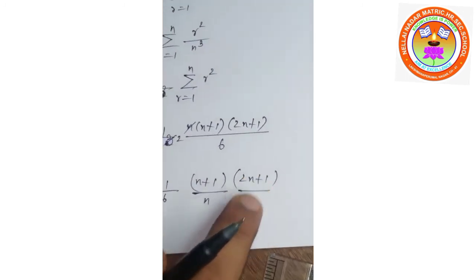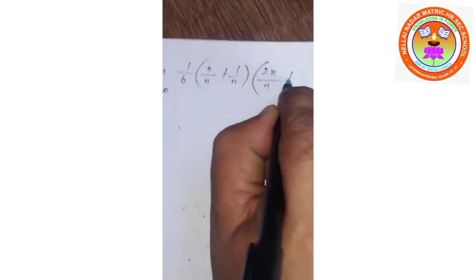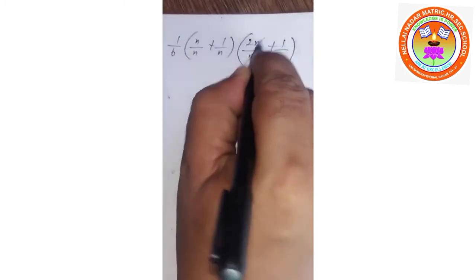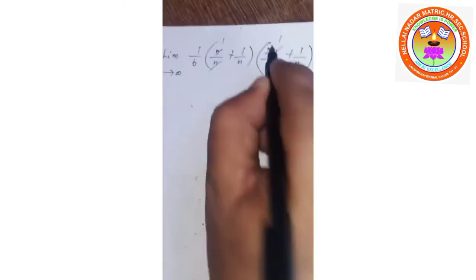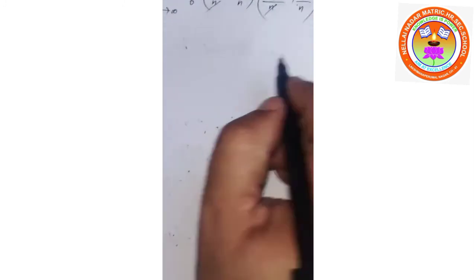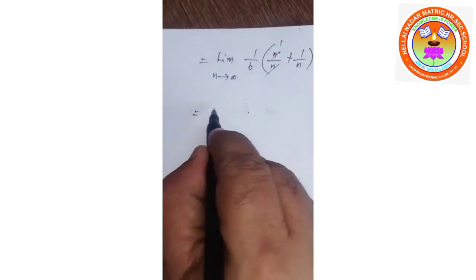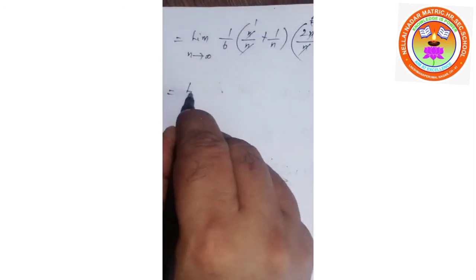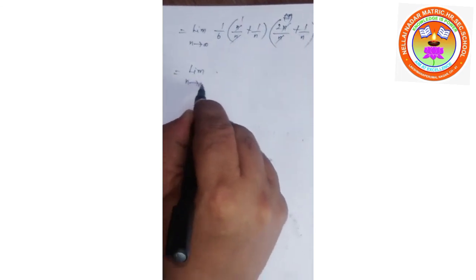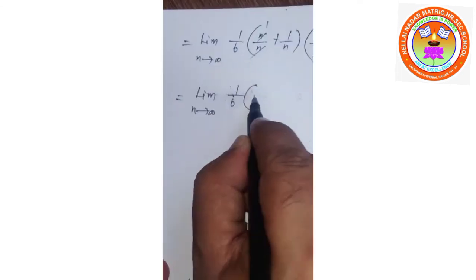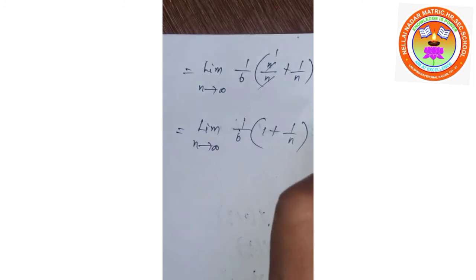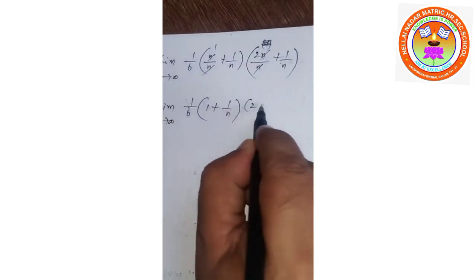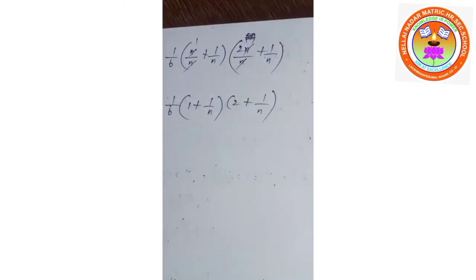The next one can be separated as 2n by n plus 1 by n. n cancelled, you can write 2 only. So limit n tends to infinity, 1 by 6, (1 plus 1 by n), (2 plus 1 by n).